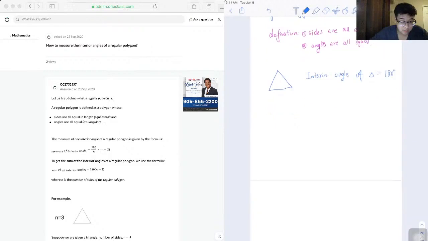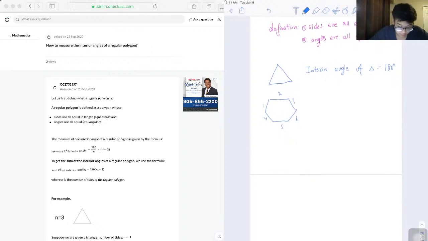And now let's see, we got a hexagon. Should be something like this. Right. So it has 1, 2, 3, 4, 5, 6 edges.